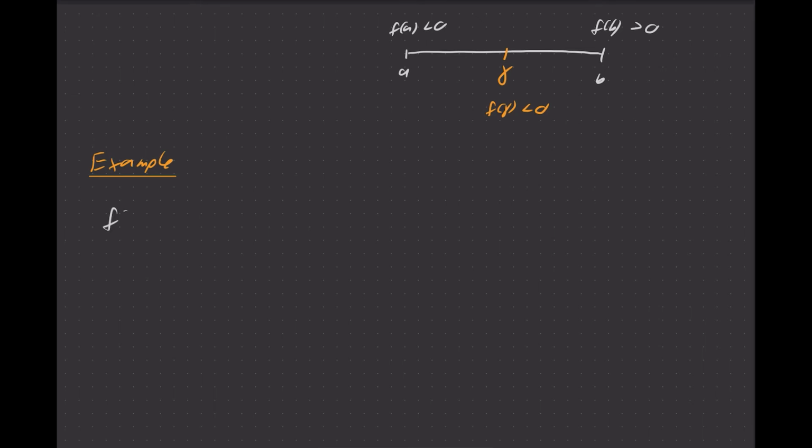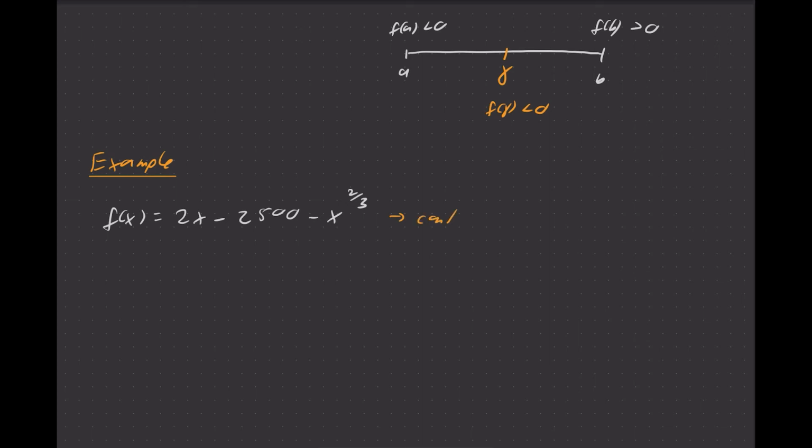That might not be the case here, but just for the sake of an example, let's have a look at the function 2x minus 2500 minus x to the power of 2/3. So that's the third root of x squared. Now this is a composition of continuous functions.